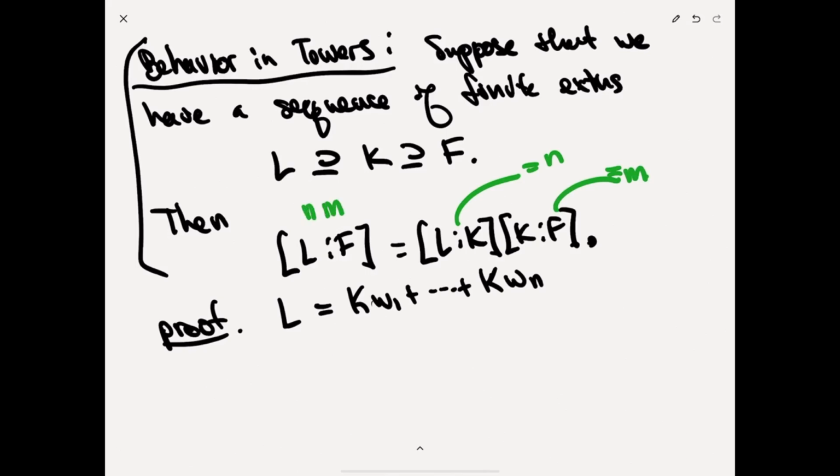What we do is we write out bases. So L is this, and K looks like FV1 plus ... plus FVm.